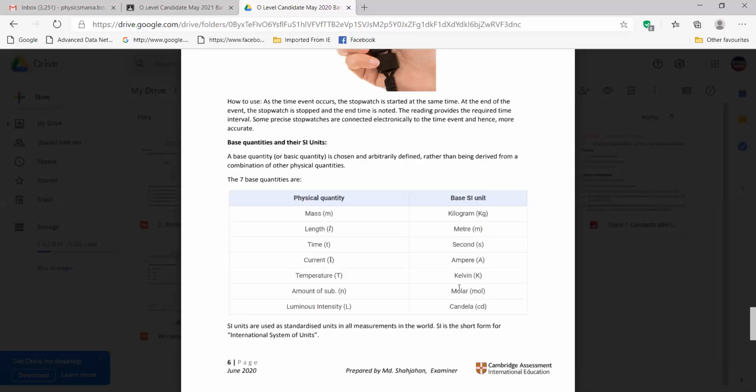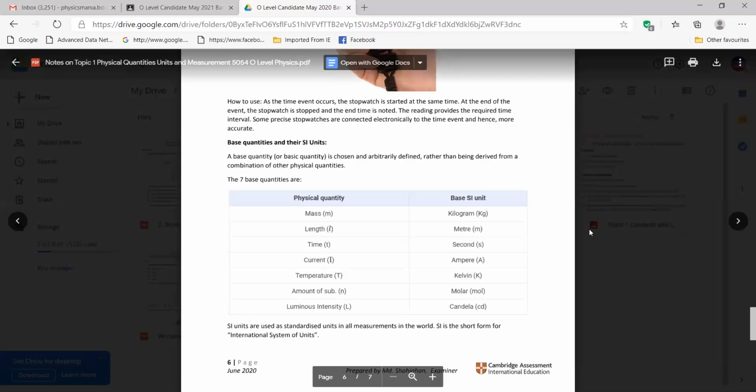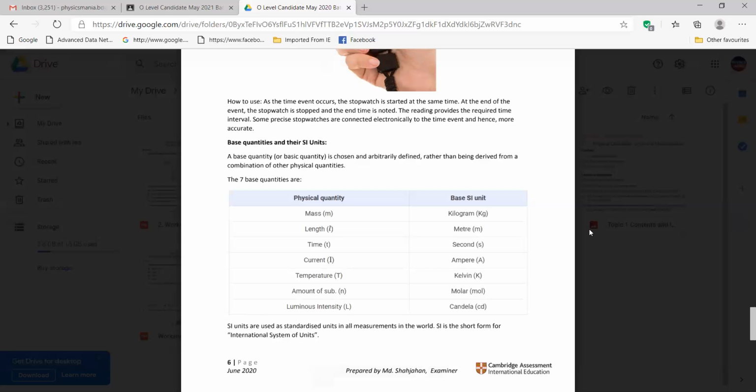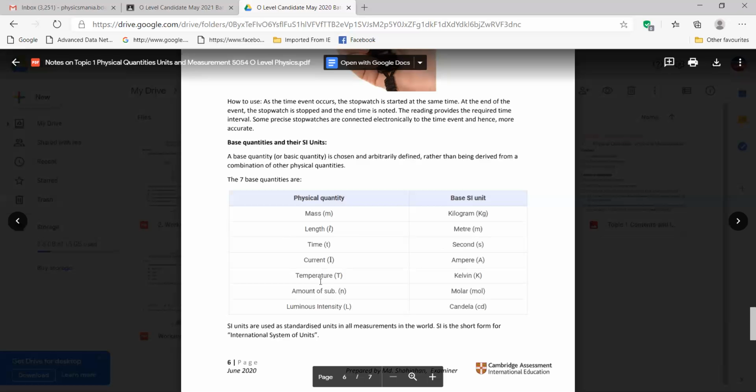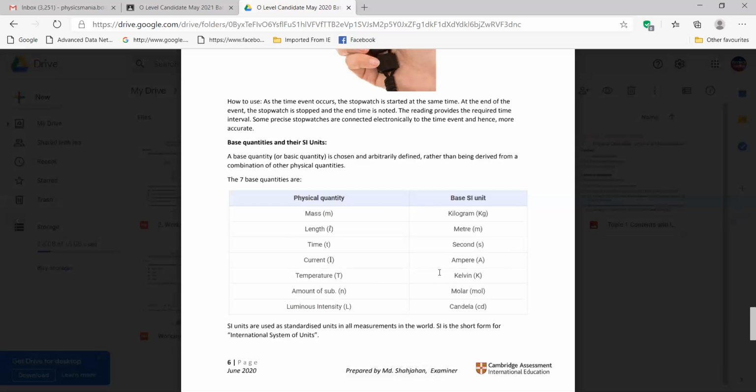Can you read them? Kilogram, meter, second, ampere, Kelvin, mole, candela. So we are using the first 5 mostly, right? Yes, sir. And the temperature one, you have to remember more carefully because sometimes we are mixing up with degrees Celsius, right? Yes, sir.